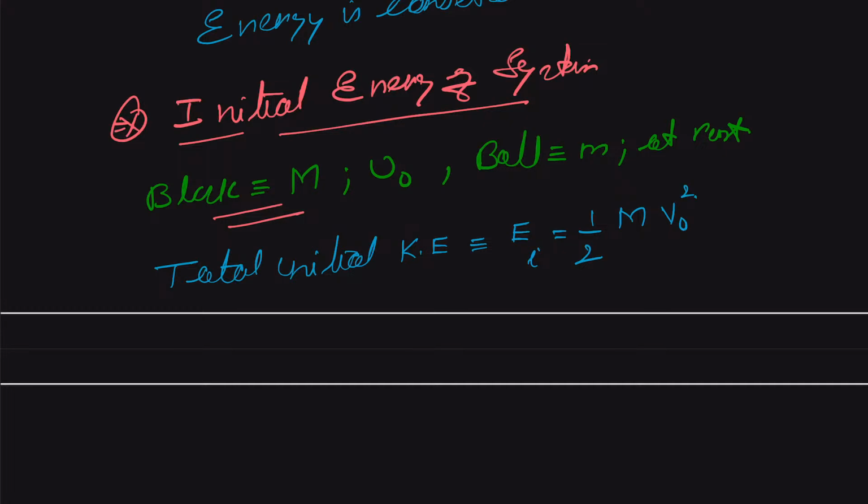And energy at the moment of closest approach: the block velocity will be equal to 0. So it means all the kinetic energy will be distributed or transferred to the ball.